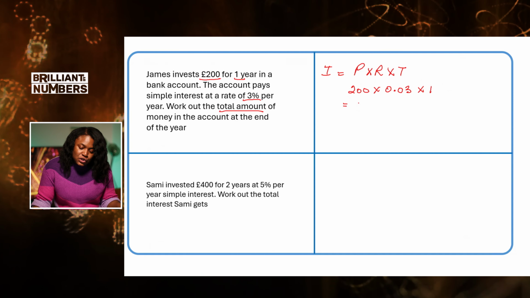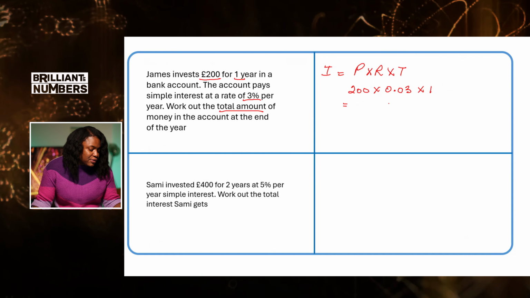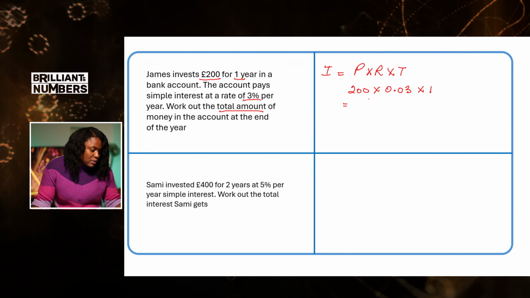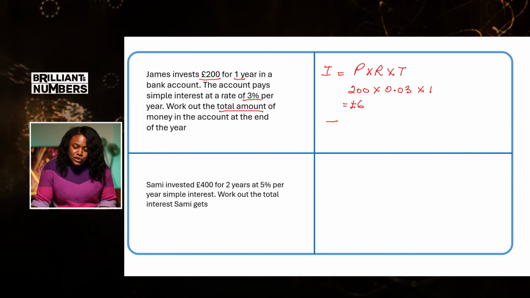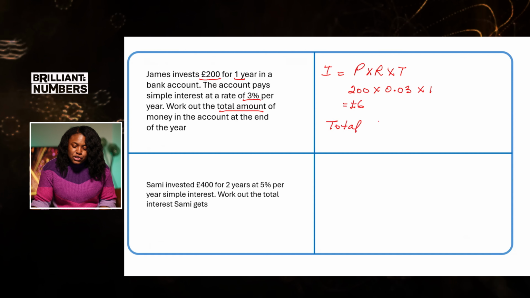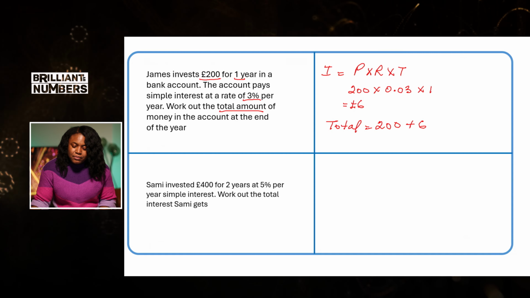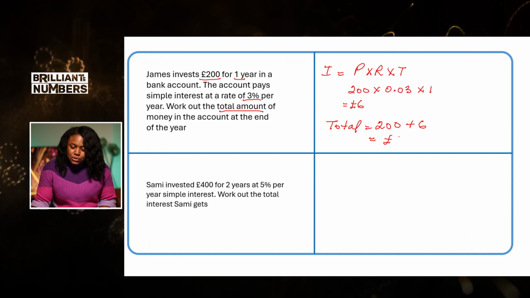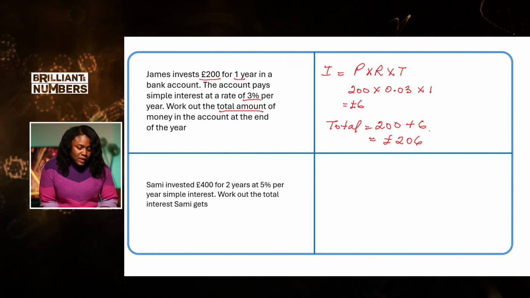If I do 200 times 0.03 times 1, that gets me 6. So that's £6. So the total then has to be 200 plus the £6, which gets me £206 at the end of the year.